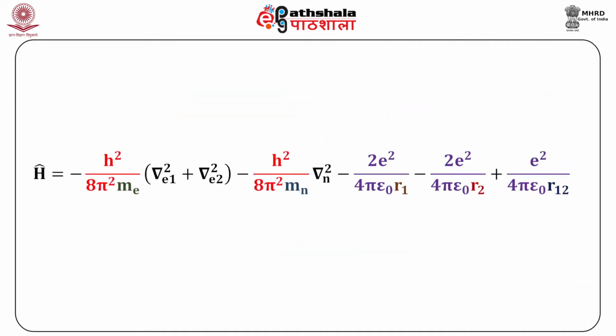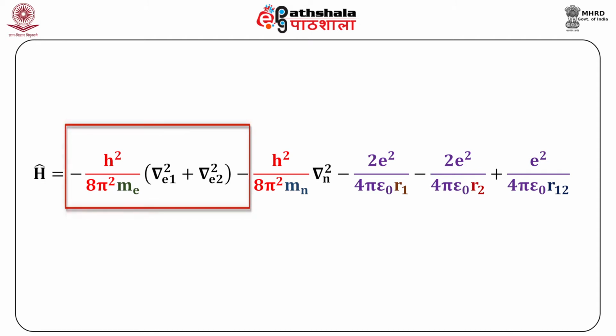If we look at the corresponding Hamiltonian for the helium atom, it looks like H cap is equal to minus h² upon 8π²me, where me is the mass of the electron, then we have ∇₁² plus ∇₂².